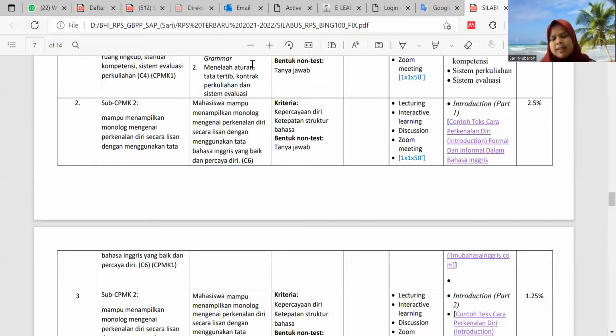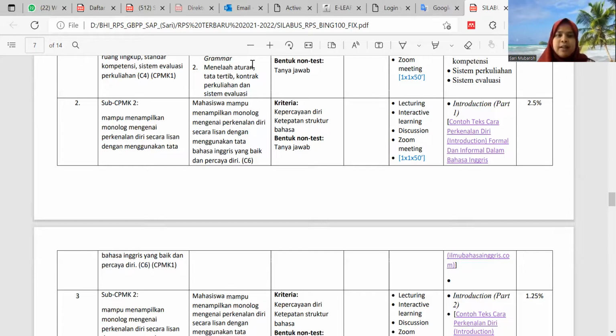That's for at least. And if you perform, if you speak up here about the introduction, it will be at least 3 minutes, not less than 3 minutes. So you have to practice it before you perform later. So today the task is writing an introduction.